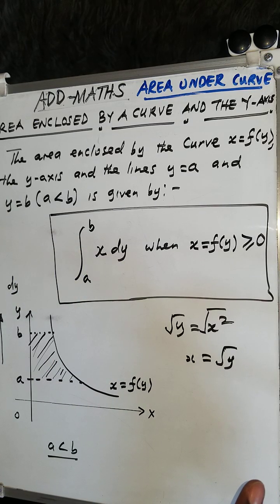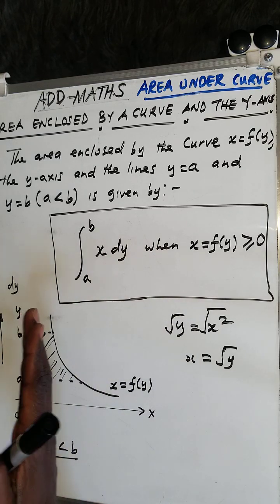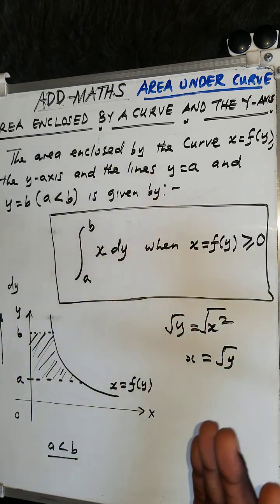Now, like we said in the previous discussion, you are going to find that the region on the left of the y-axis will also be treated as negative, just as you are treating the area on the right as being positive.